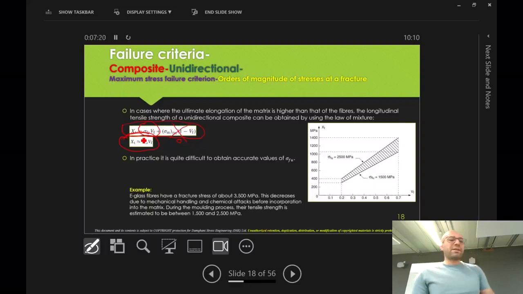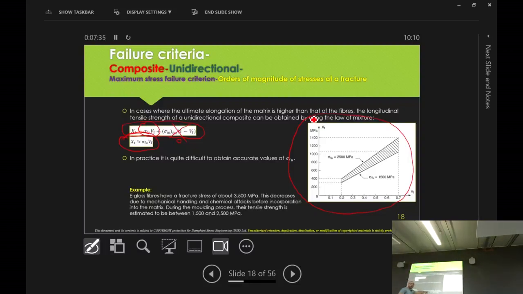But I did mention that this is just a prediction and an approximation. To give you an example here, this graph is for a glass fiber. Glass fiber has a fracture stress of 3,500 megapascal. You would expect to get something, let's say, for a volume fraction of 50 for glass fiber.